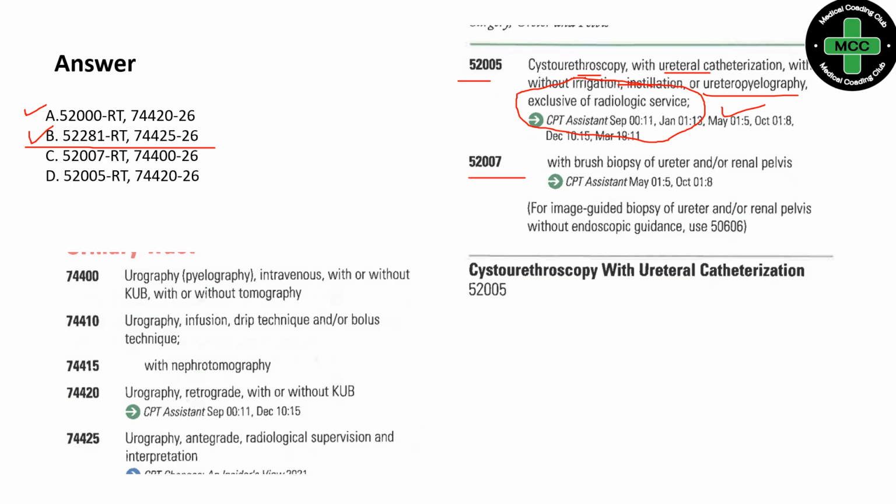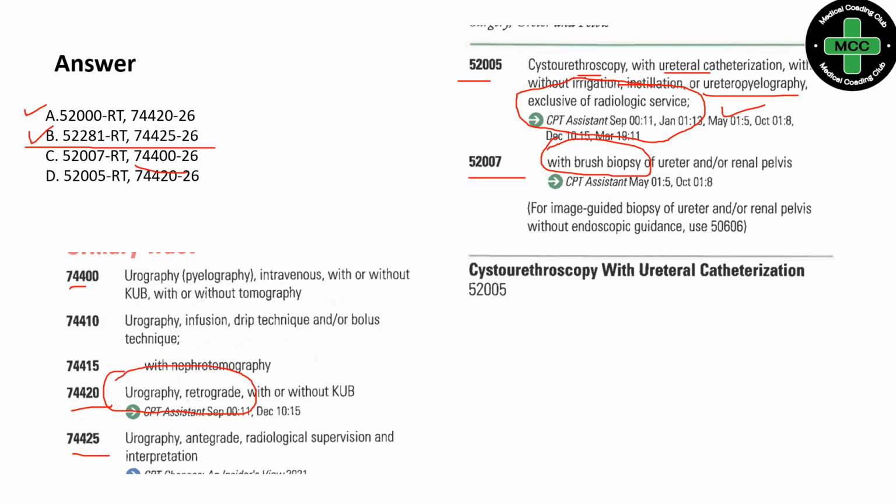And 52007 is all about brush biopsy. In our scenario, they did not perform any brush biopsy. Coming to the radiologic service codes, you can see 74400 is urography, and 74420 is urography, retrograde.